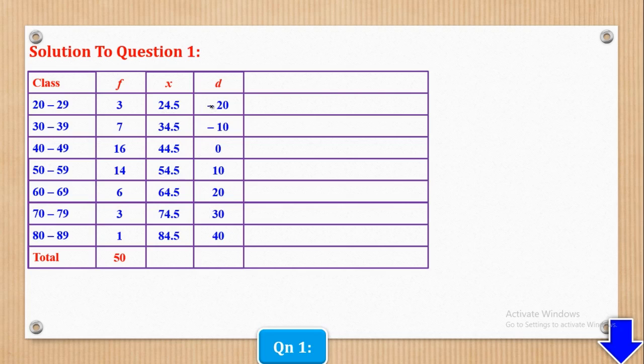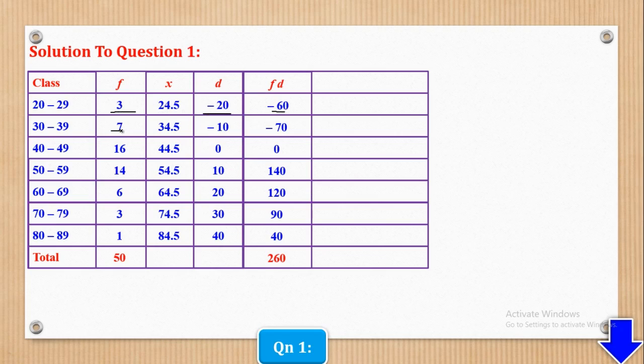So now that I've got the values of D and I know the values of f, I can now generate the column of FD, whereby I'll have to multiply F with D. So when I do that for all those values, I'll come up with this column. So I think you realize that when I multiply 3 by negative 20, I'll come up with negative 60, which is here.